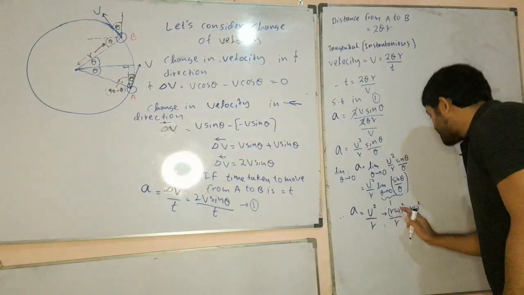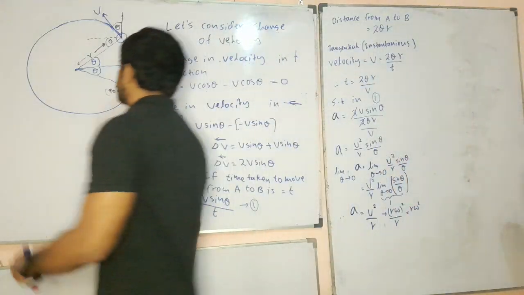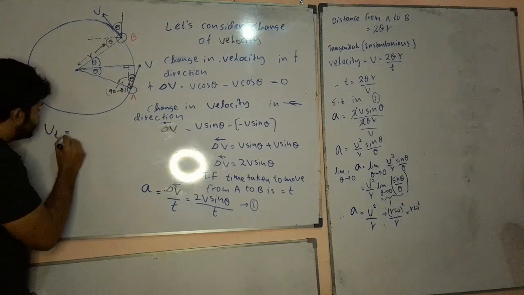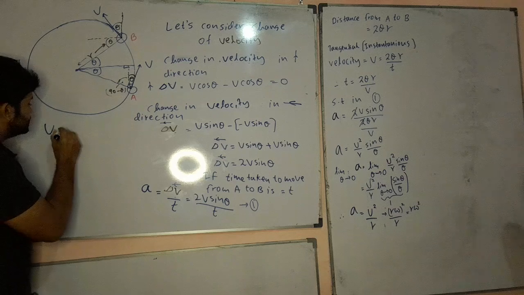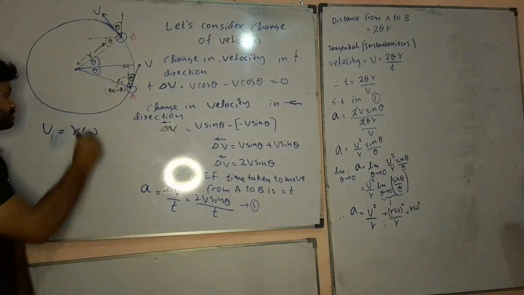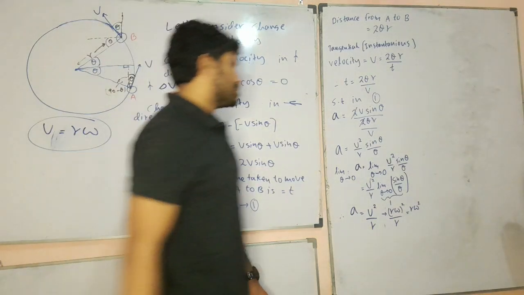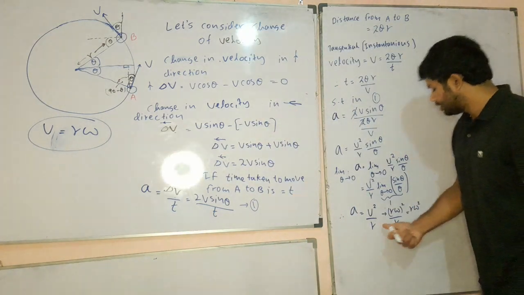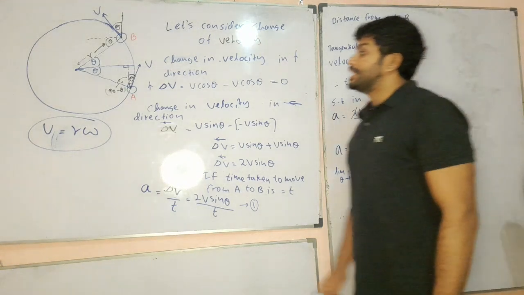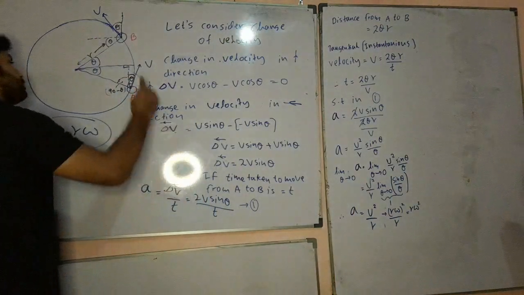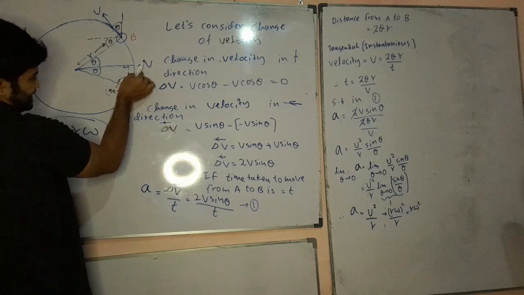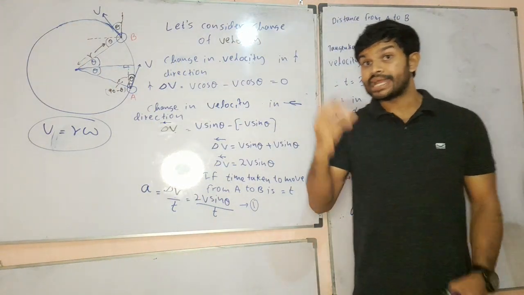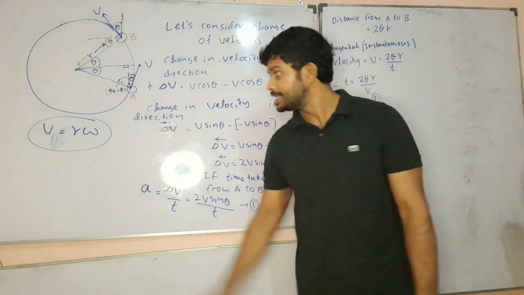And the other thing is, v can be written as, we all know the tangential speed, v is equal to r omega. So I'm going to use this one. When you substitute that here, v squared over r, or r omega squared, the direction is always perpendicular to the direction of velocity at any given instant, right?